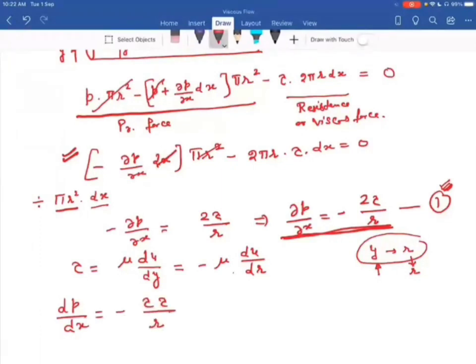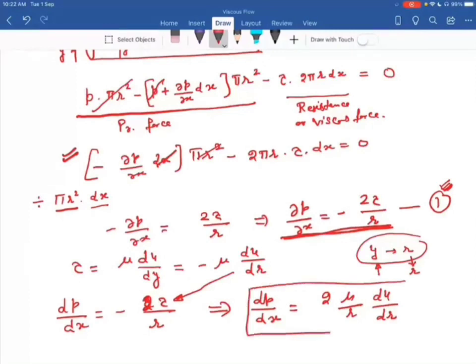Now I put here the value of tau. This comes out to be dp by dx equal to 2 mu by r du by dr. This is your equation number 2 now.